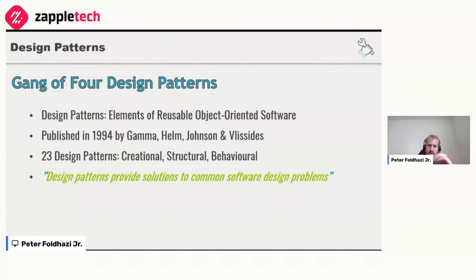When people talk about design patterns, most people talk about the Gang of Four design patterns. That's what I think people should think about first, because those were published in 1994, and we are still leveraging those design patterns, and it's really useful.